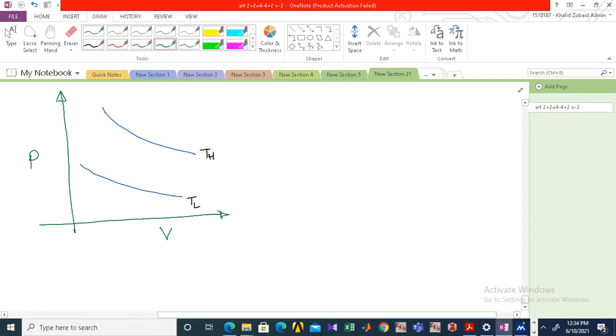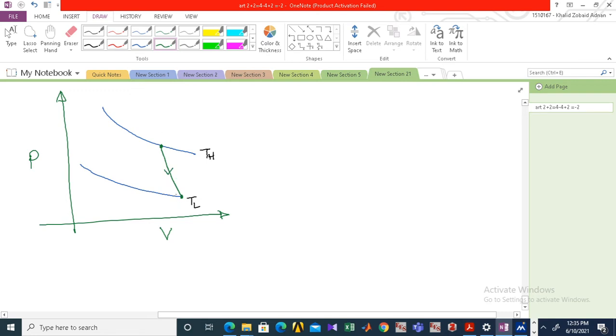Okay, so the adiabatic process is not isothermal. That means the temperature will either rise or it will decrease. So from this point to that point, there is an adiabatic expansion, and thus the temperature lowers to TL.